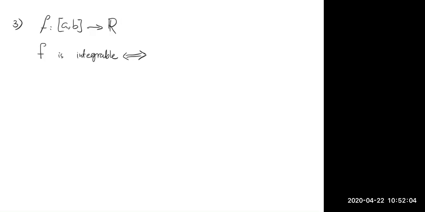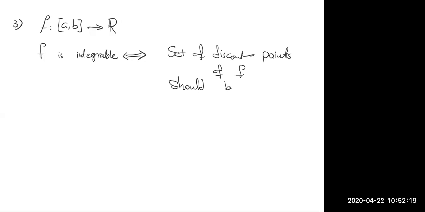We should say something about the set of discontinuous points of f. What you said is kind of close, but it's not exactly the theorem. Does anyone know something about this set? About like cardinality of this set or something like that. It should be countable, yes.